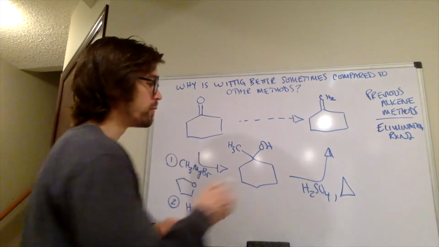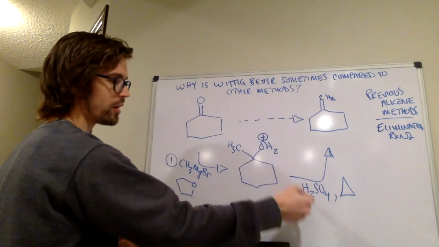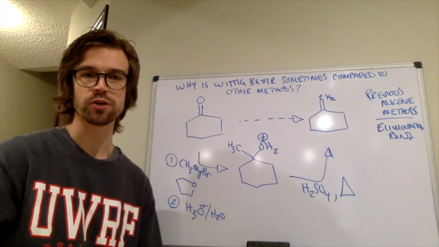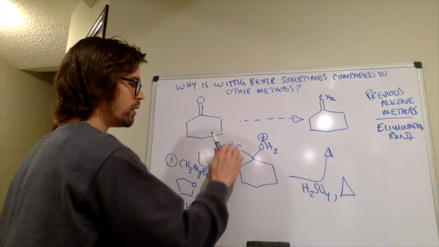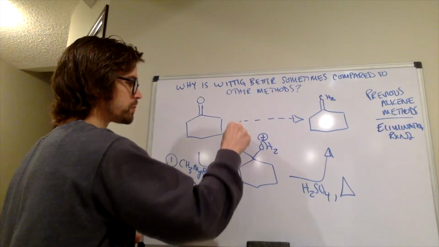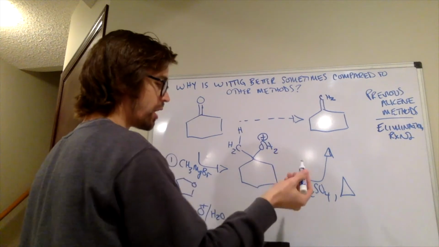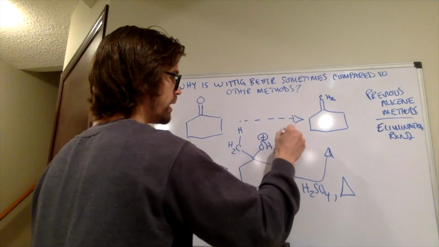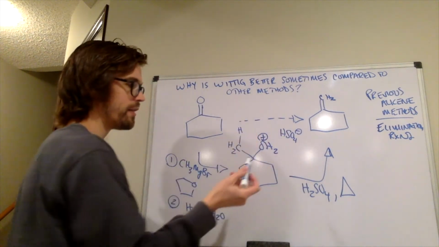Again, how did that happen? We formed OH2 plus, that formed by the oxygen grabbing a proton from the sulfuric acid, and then the elimination that we were wanting to happen would come from sulfuric acid's conjugate base, so we'll just write HSO4 minus, pulling off that proton there.